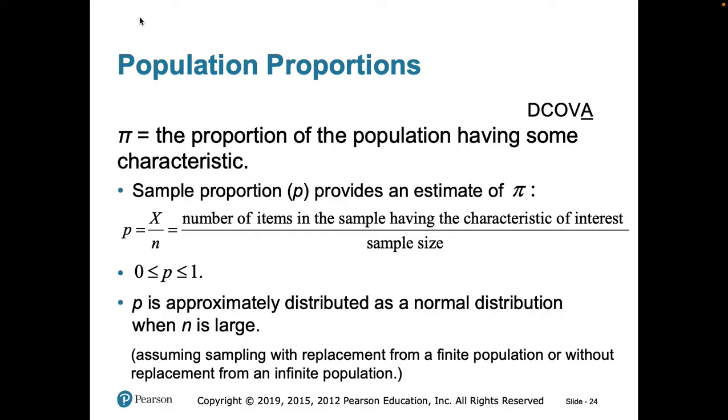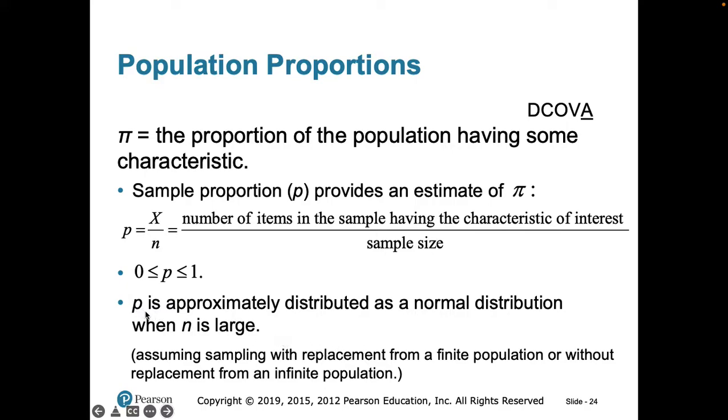So you just grab a sample, and then you're trying to figure out how many of those are going to have blue eyes, so you can estimate what the population has. So in this case, you have the number of items, in this case blue eyes, and then you're going to divide it by the sample size. So here you have 0 is less than or equal to the proportion, which is less than or equal to 1.